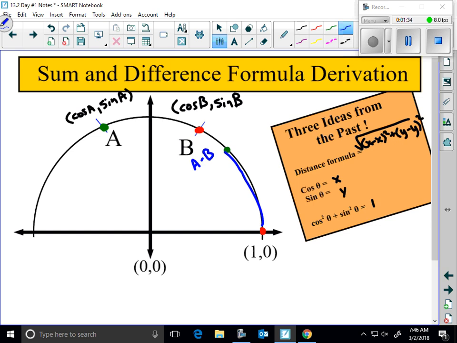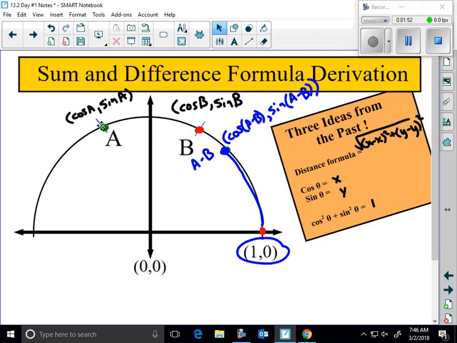So then this point right here is now A minus B. So we would call this cosine of A minus B and sine of A minus B. And of course this point here is 1, 0.